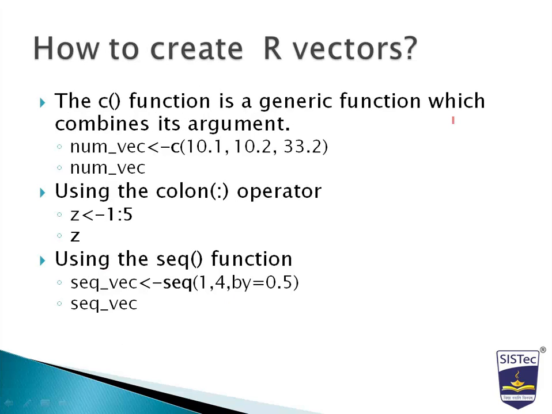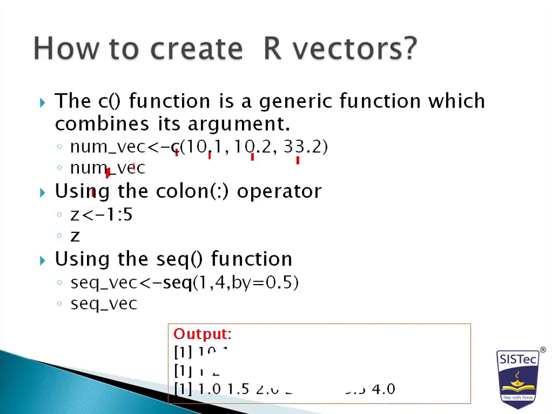How to create a vector? Simple, we can use the vector function c to create a vector. Here we demonstrate: we have created a number vector variable, and we pass three values, and the number vector is displayed. The result is displayed as 10.1, 10.2, 33.2 as it is.